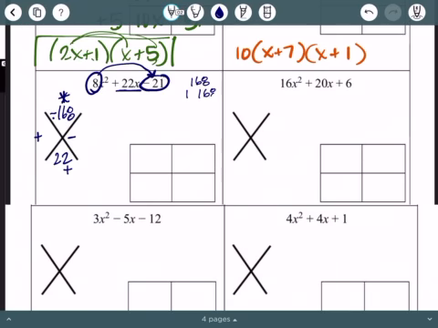1 times 168, 2 times 84. Basically, I'm just going to take 168 and divide by numbers like 3. And that's going to be 3 times 66, I think. Or we just keep going, like dividing by 4, we get 4 times 42.